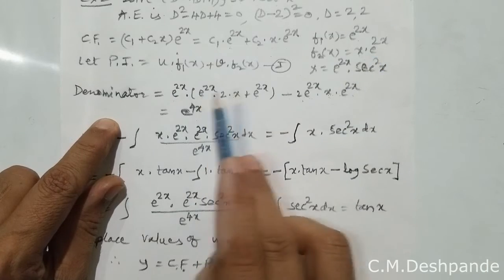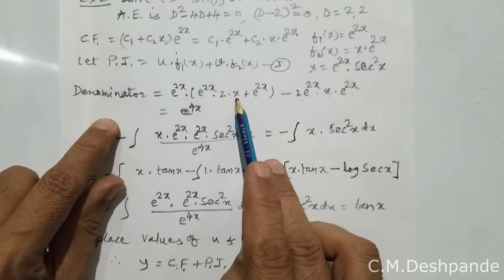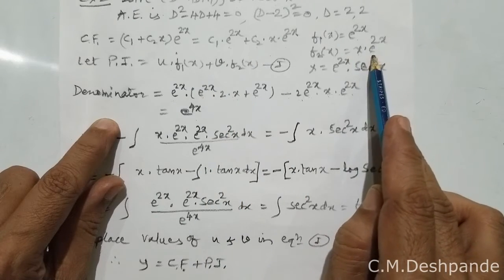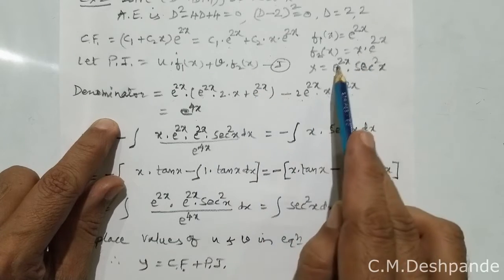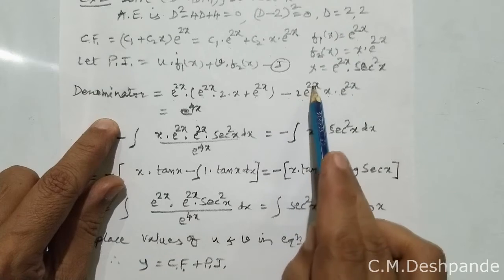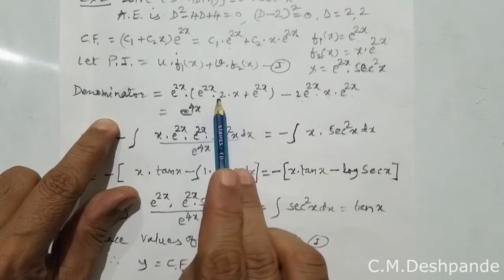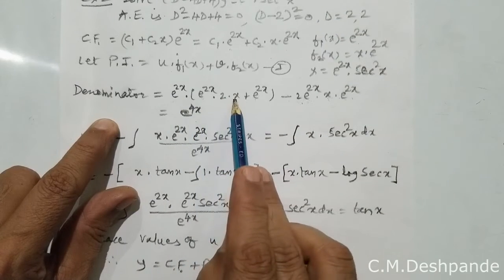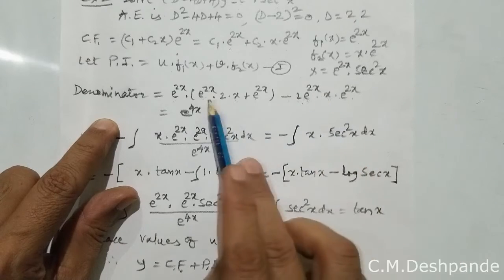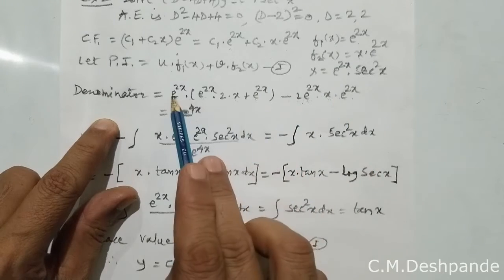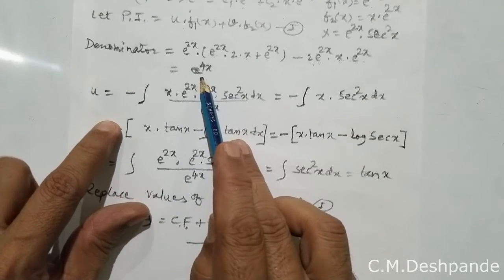So differentiate e raised to 2x, which gives 2 e raised to 2x, and x constant, plus e raised to 2x constant, differentiate x is 1, so e raised to 2x, and the derivative of the first function is 2 e raised to 2x and the second function as it is. If this is simplified, 2x into e raised to 4x and minus 2x into e raised to 4x will get cancelled. So only e raised to 2x into e raised to 2x, which is e raised to 4x. So the common denominator is e raised to 4x.